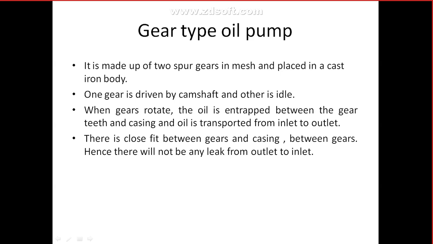When gears rotate, the oil is entrapped between the gear teeth and casing. The oil is transported from inlet to the outlet. This is a close fit between the gears and casing. Hence there will not be any leak from outlet to inlet. Okay. So like this, in the gear pump we can increase the pressure of the oil.